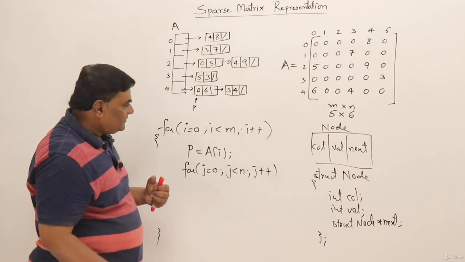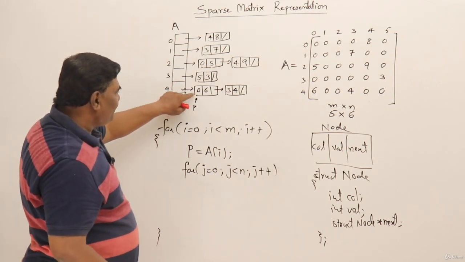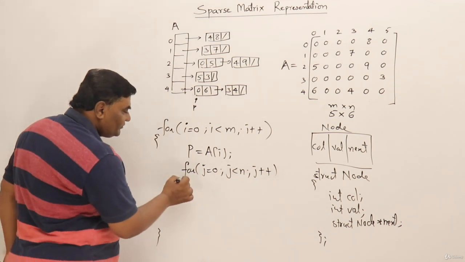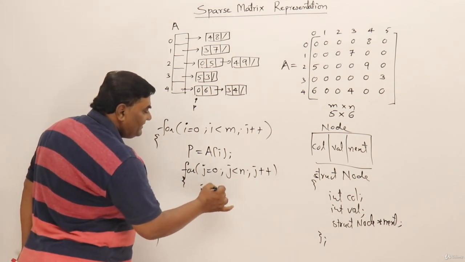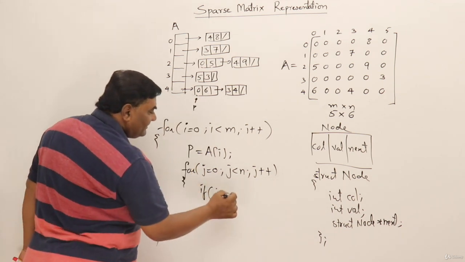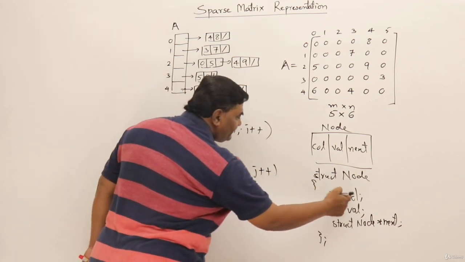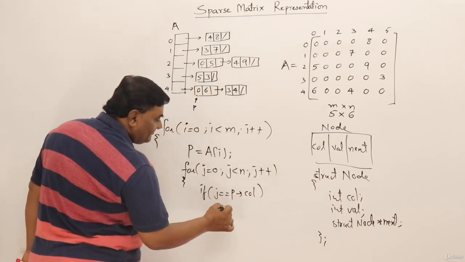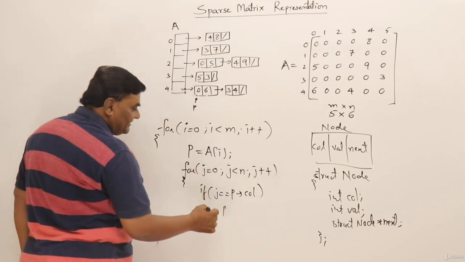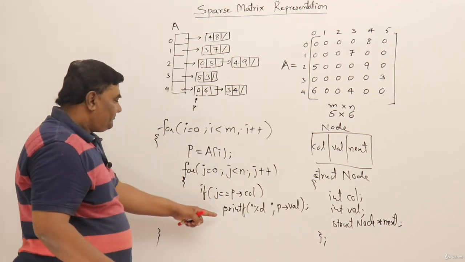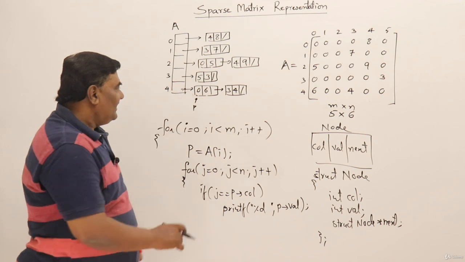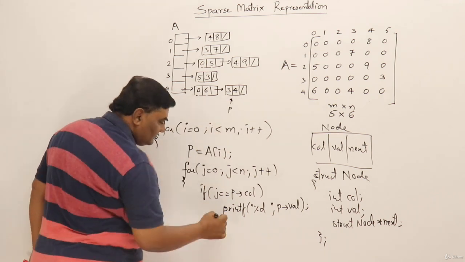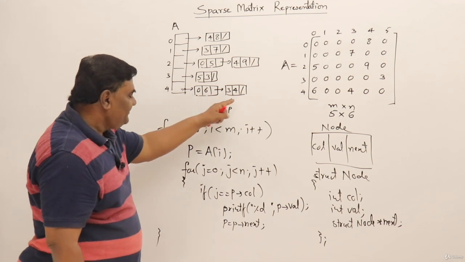So how can I know whether it is non-zero or not? This P is pointing at some node that will show me the column number. So here, if j is matching with P's column, then print the data here, the non-zero value, and also move P to the next node.